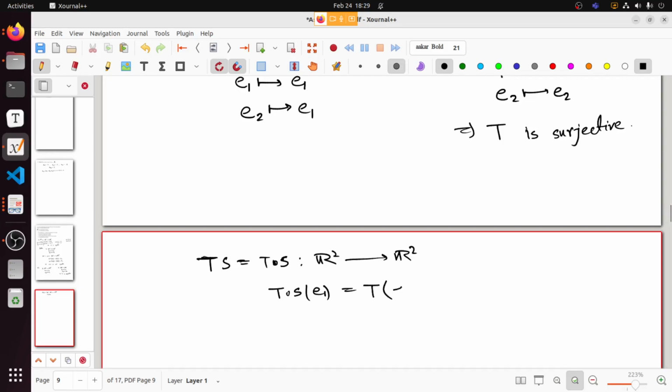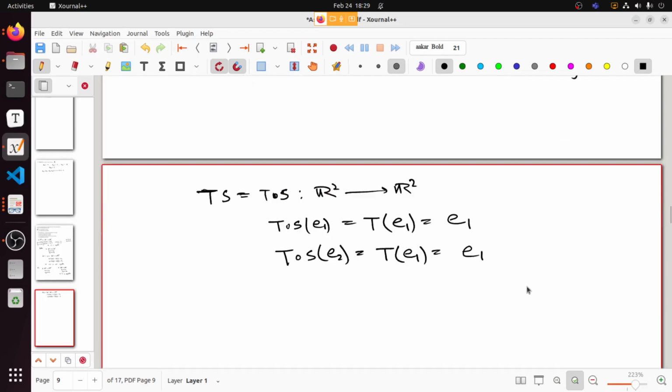S of E1 is E1, and T of E1 we have defined to be E1. So T compose S maps E1 to E1. And T compose S of E2: S of E2 is E1. So T of E1, and what is T of E1? It's again E1. So you see that T compose S maps E1 and E2 to E1.